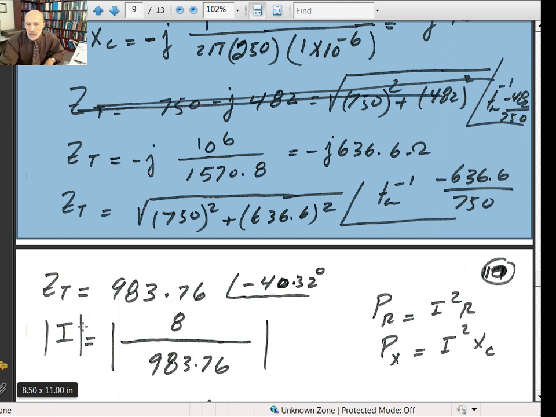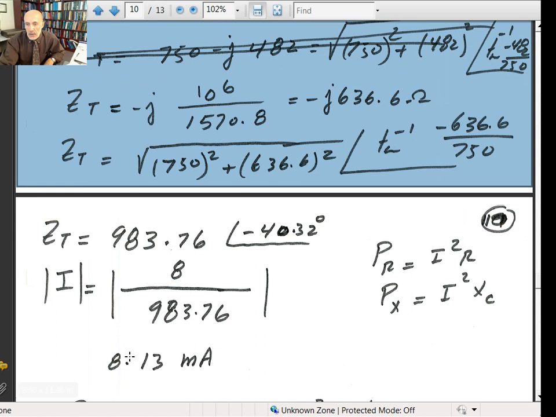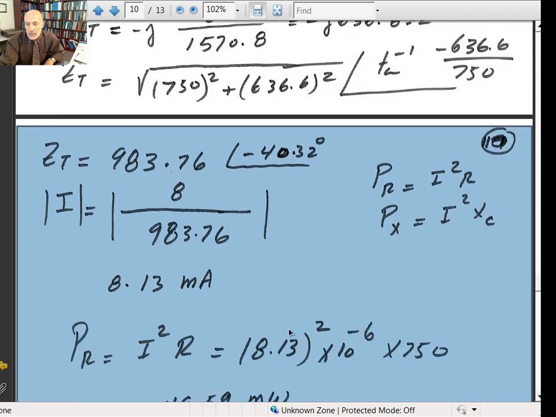To calculate the value of the current, you take the input voltage divided by Z total. Since we're only looking at the magnitude of the power, there's no need to calculate a phase angle. And that will give you 8.13 milliamps. And then you just calculate the real and the reactive power.